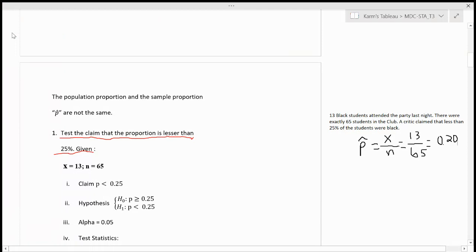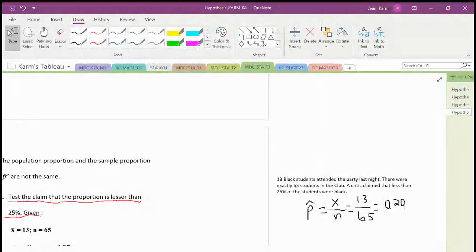Yes, it means 20% of them were actually black students. Let me just put it the way you would. I'm going to copy what you would say, okay? So let me just copy it. Say 20% were actually black at the party.